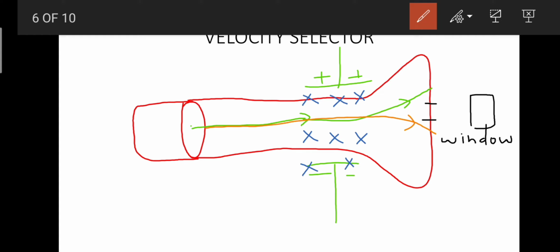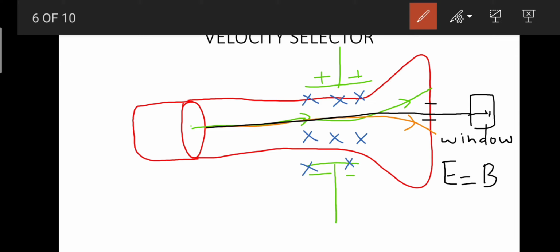For this purpose, I will use the condition that the electric force is balanced by the magnetic force. Only in this condition can we get all of the electrons moving right through this window and received on the target at this particular point.